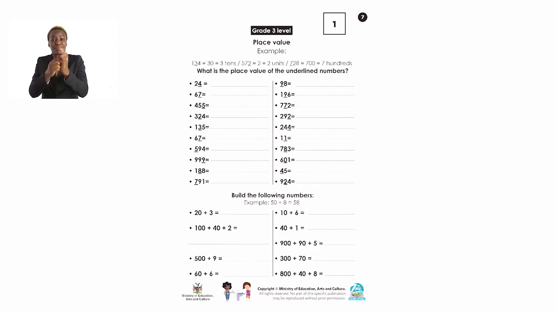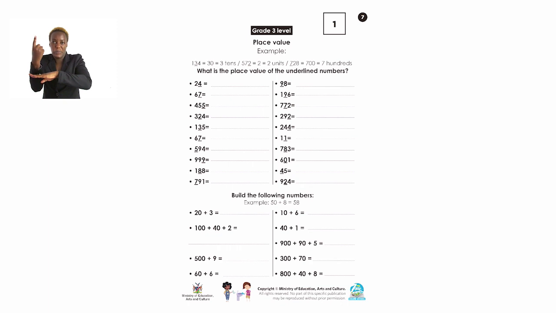So in a number, we have the hundreds, the tens, and the units. For example, you have been given an example there. Look at the digit that has been underlined. Is it at the place for the hundreds, or the tens, or the units?